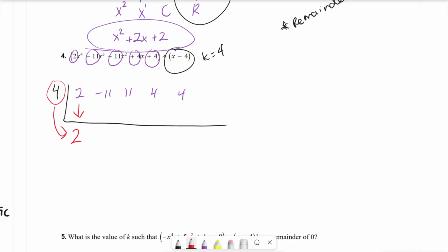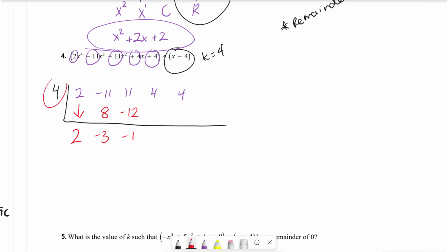Multiply with k. 4 times 2 gives me 8. Bring it below that next coefficient. Add those two. Negative 11 plus 8 gives me negative 3. Repeat the process. 4 times negative 3 gives me negative 12. Add these two. 11 plus a negative 12 gives me negative 1.